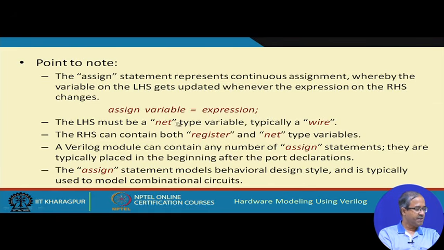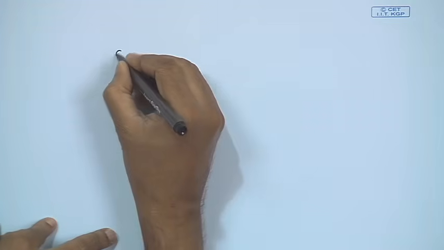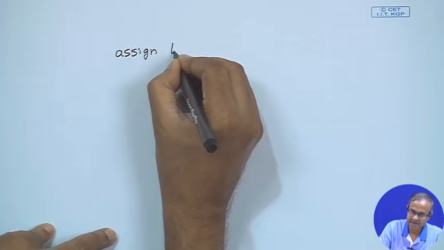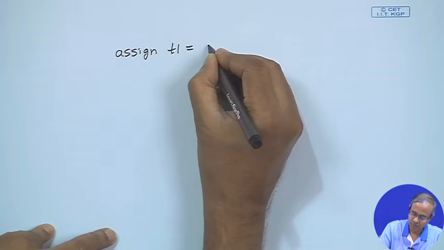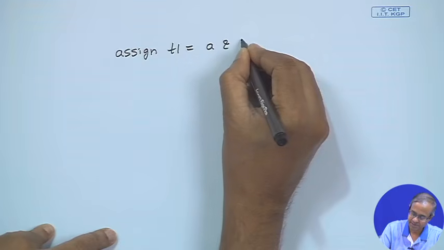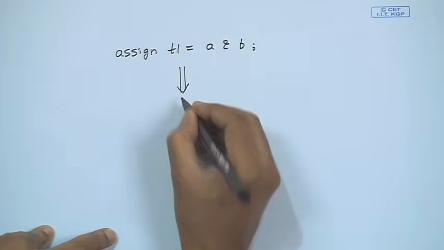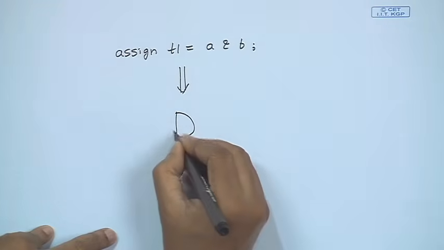So, the variable on the left hand side will get updated whenever the expression on the right hand side changes. So, what I mean is that when I write, let us say, assign T1 equal to A ampersand B, possibly this will be mapped into a hardware like this.